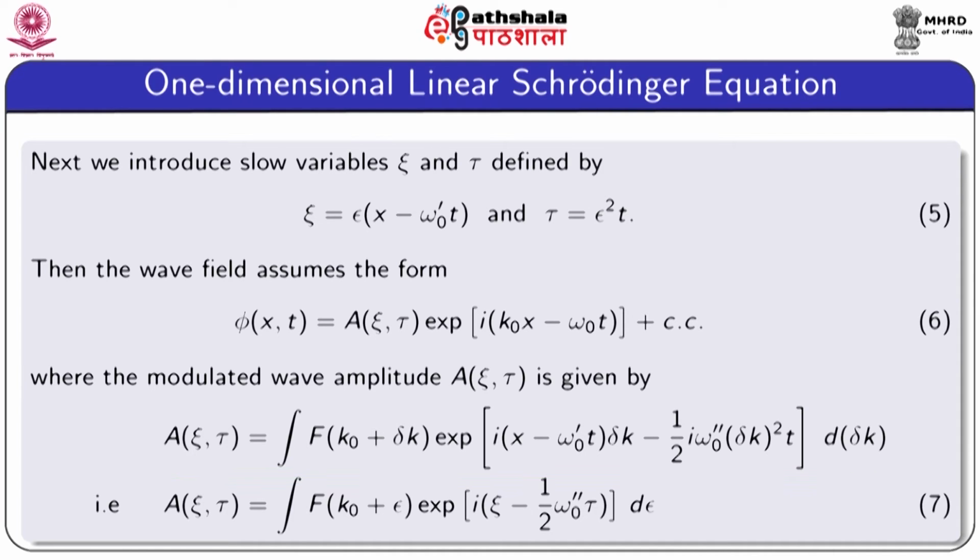Now, writing this expression in terms of xi and tau, A becomes A equals the integral of capital F e to the power i[xi minus half omega 0 double dash tau] d epsilon.